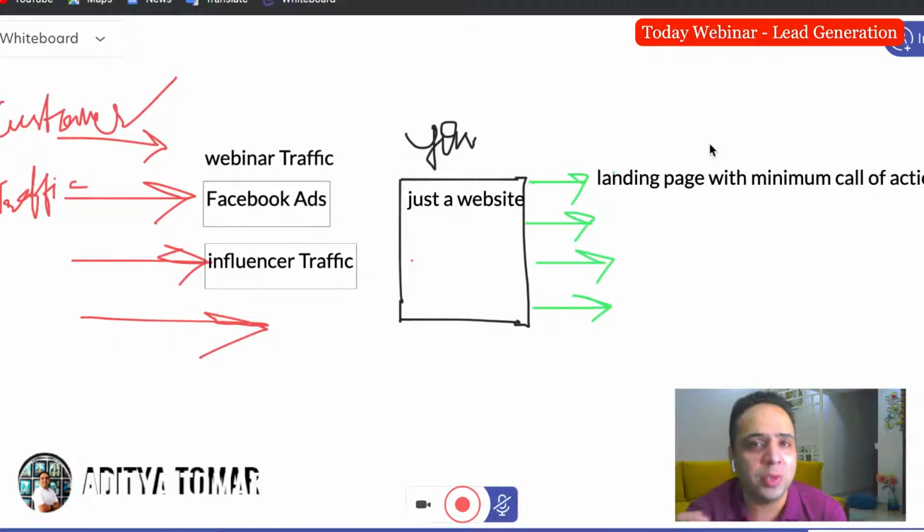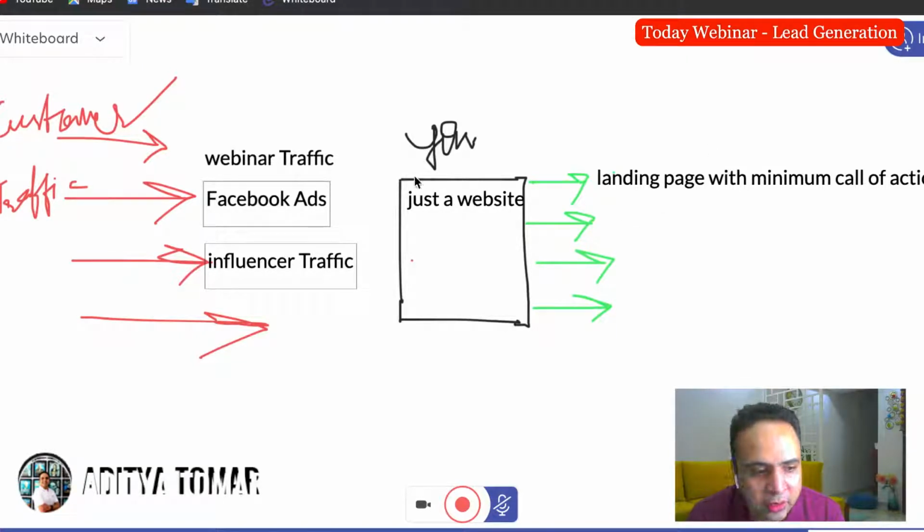If a person wants to see the next information, they have to fill in some information, so that's how you get the leads. You can't show all the information on one page, right? You have your brief introduction or hook points on the landing page, and then take the customer on a journey so that they get the right nurturing for the product or service you are promoting. So, a landing page with minimum call to action.